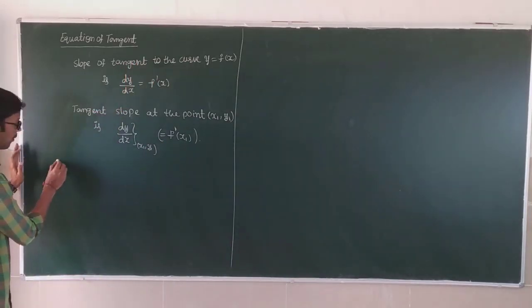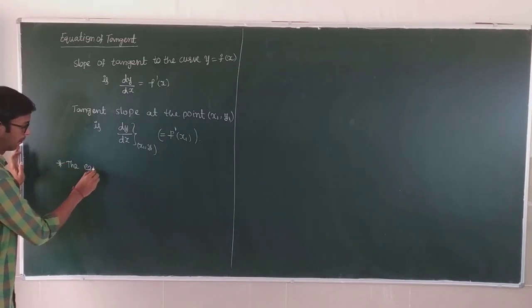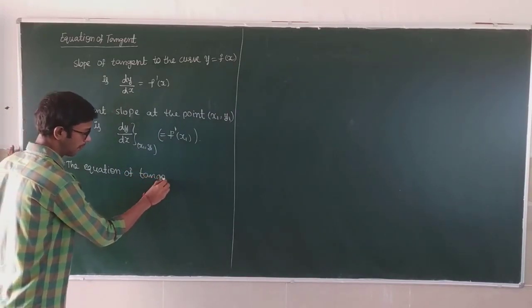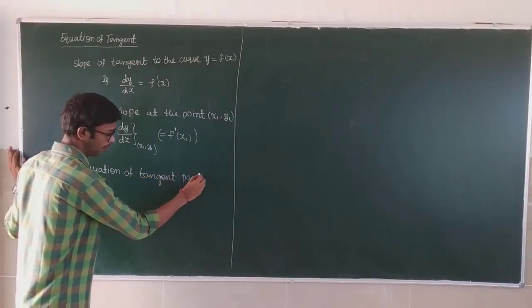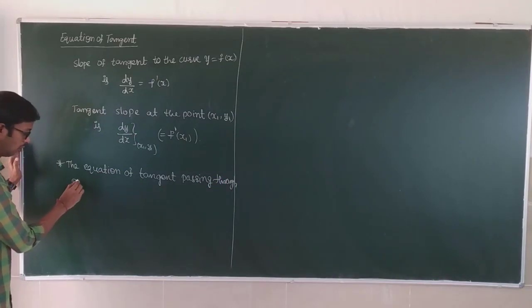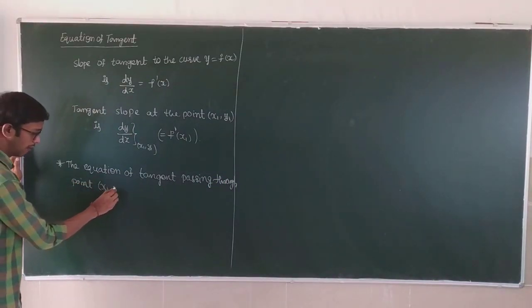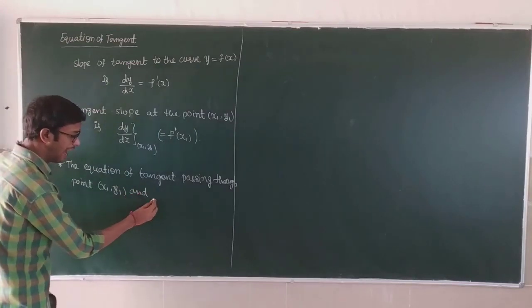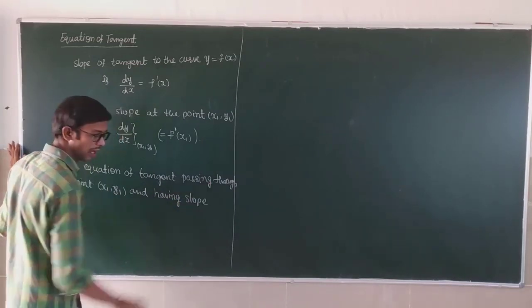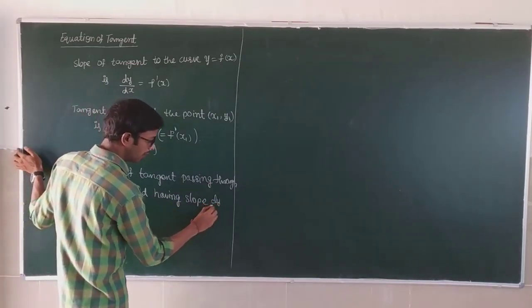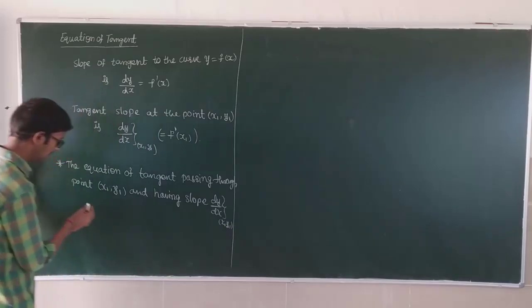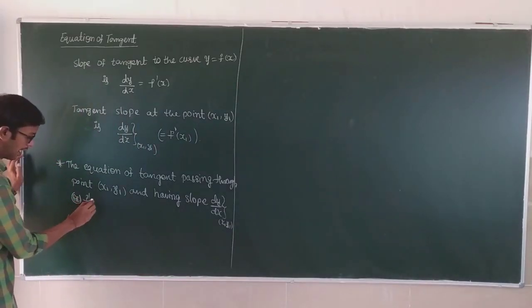Now the equation of tangent passing through point x1 comma y1 and having slope dy by dx at x1 comma y1 or f dash of x1.